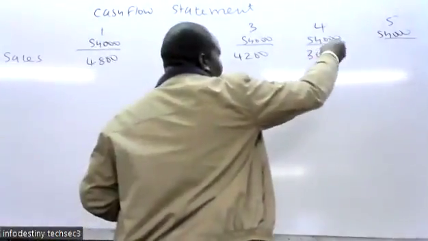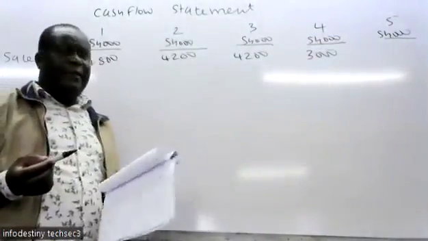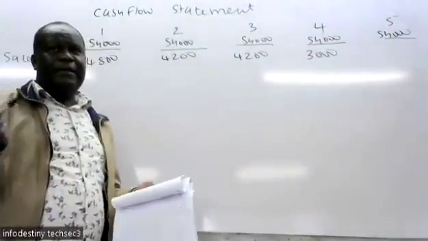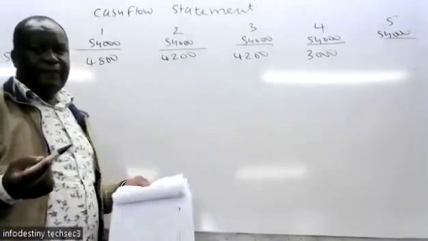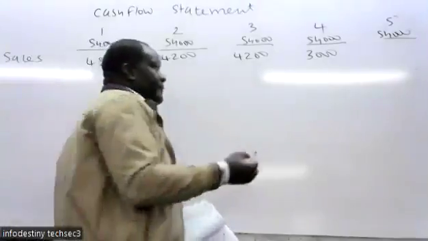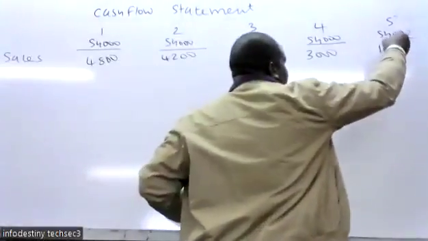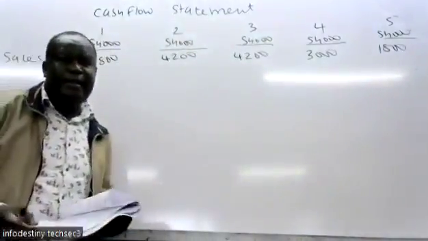You multiply 5,000 units by 600. How about year 5? That's 1,800. So that is now for the sales.